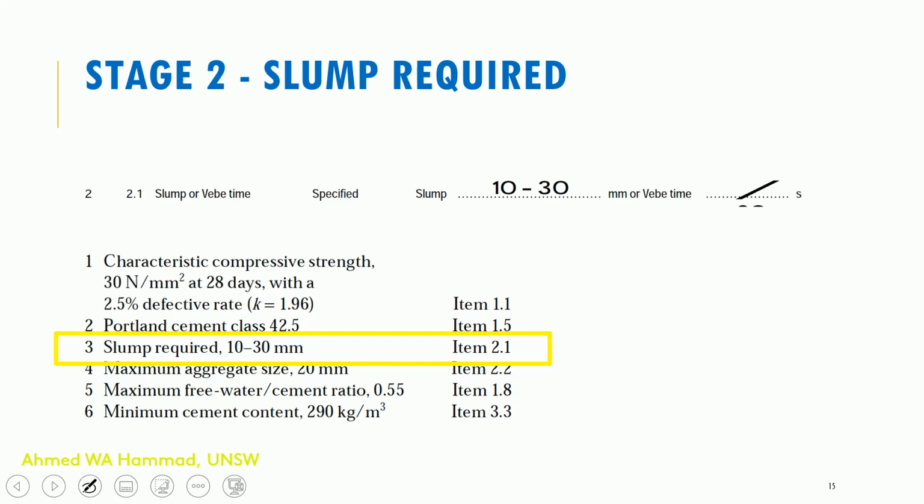Now you notice that in step 2.1, there's 2 ways of determining this workability measure. It's either through specifying the slump, or it's through the VB time.